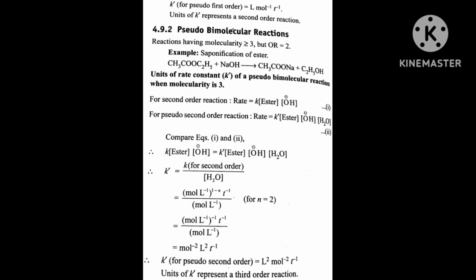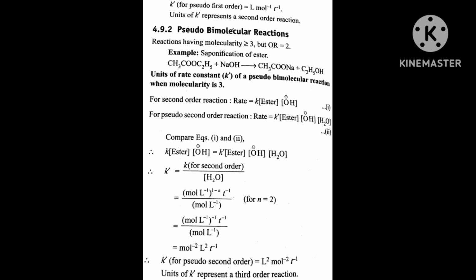Such reactions are called pseudo first order reactions. Here the molecularity is 2. This is the balanced equation, 1 mole ethyl acetate and 1 mole H2O, so the molecularity is 2 and the order of the reaction is 1. This is what I have told you about the pseudo unimolecular reaction.